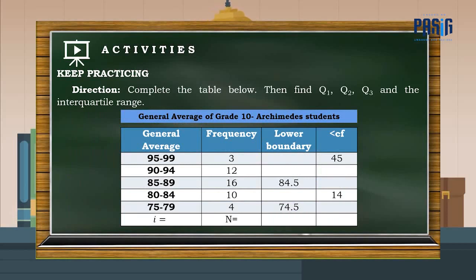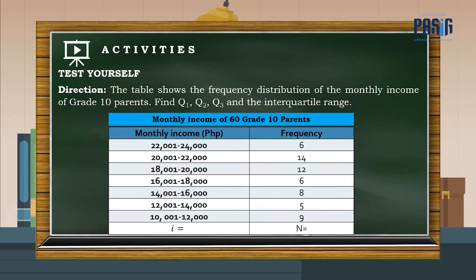Complete the table below. Then find Q sub 1, Q sub 2, Q sub 3, and the interquartile range. Test yourself. The table shows the frequency distribution of the monthly income of grade 10 parents. Find Q sub 1, Q sub 2, and Q sub 3, and the interquartile range.